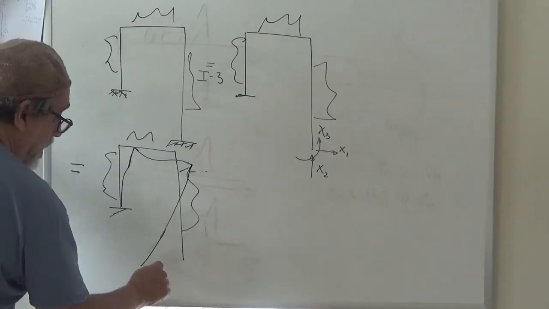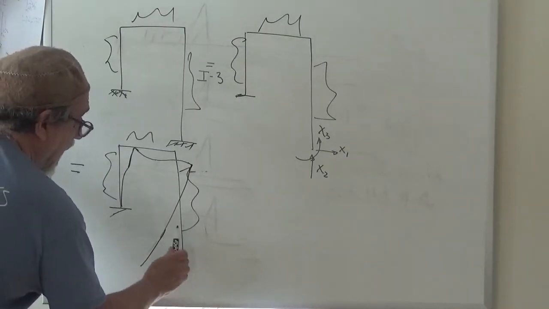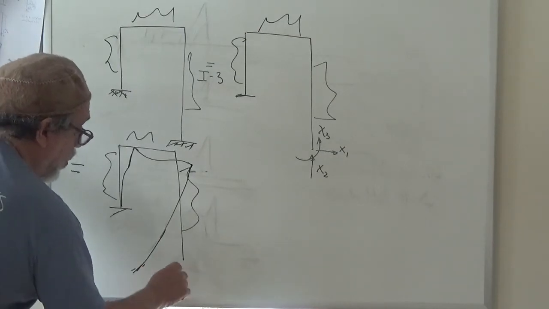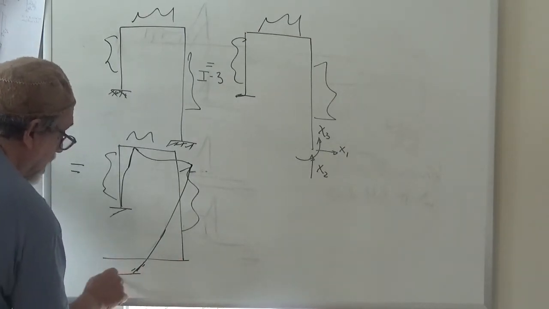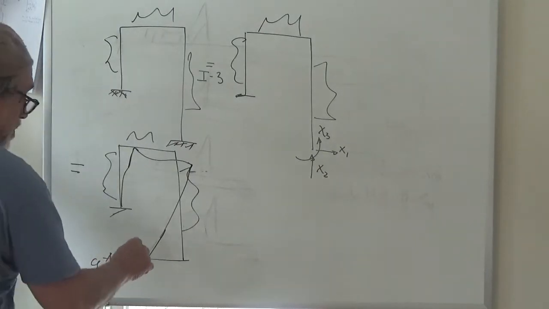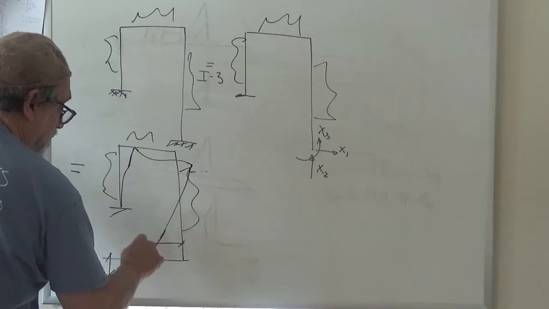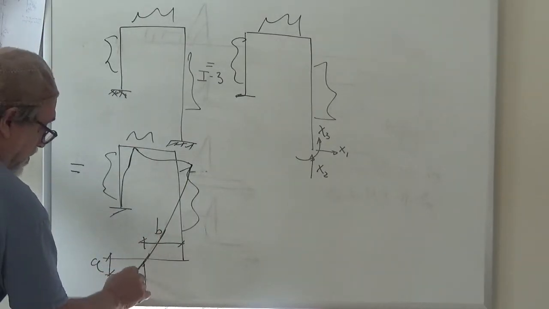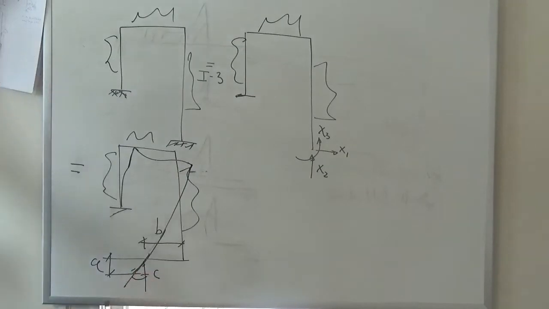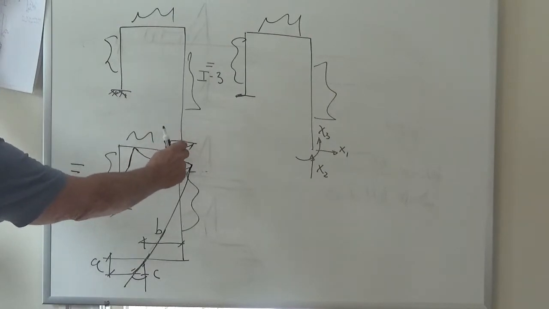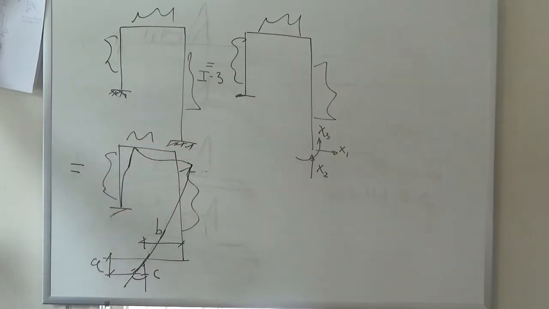So this point has moved downward this amount, A. This point has moved to the left this amount, B. And this point now has an angle with respect to the vertical, C, right? In reality, on the real structure, this point has no movement down or up, no movement left and right, and no angle because it's fixed, right?